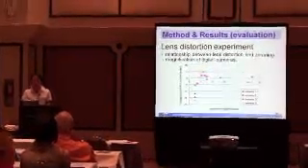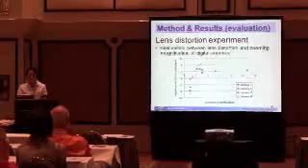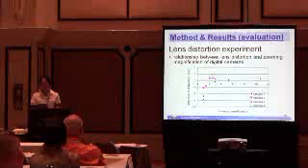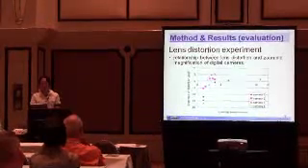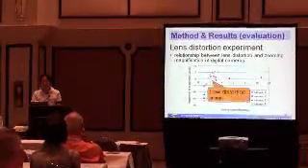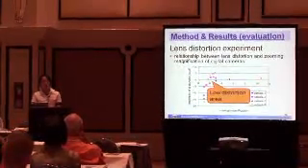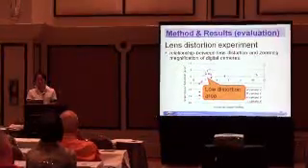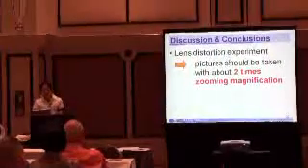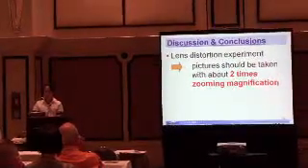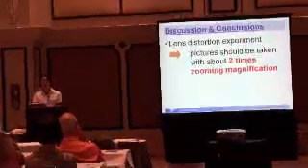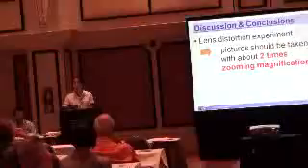Y-axis is largeness of distortion. So here shows large distortion. Here shows relatively large distortion. About 2 times zooming magnification, here is a lower distortion area. The result of the distortion experiment is that pictures should be taken with about 2 times zooming magnification.